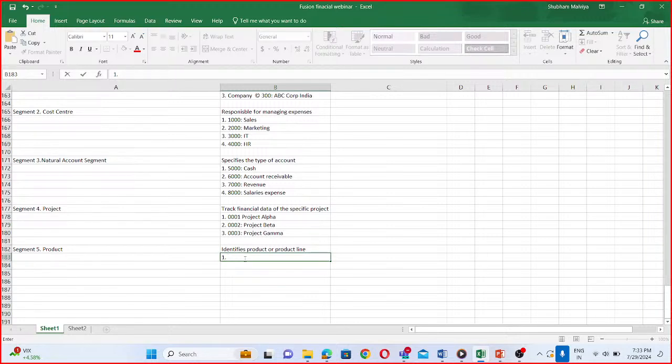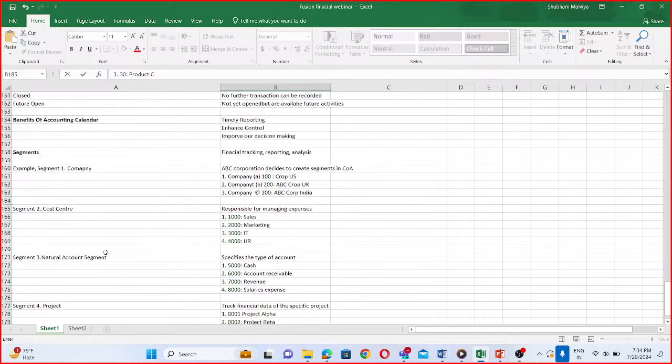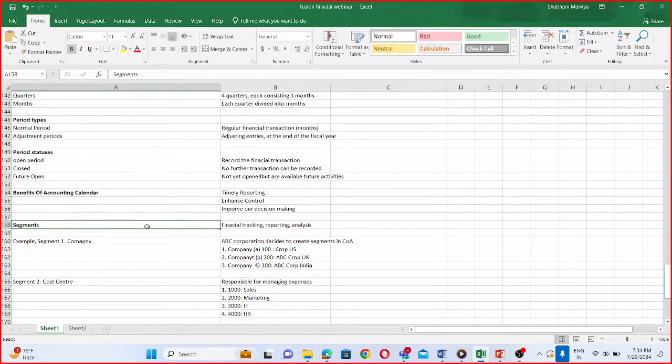So let's say we have a product whose code is 10, and it's our product A. We have a second product whose code is 20, product B. And a third product whose code is 30, and it is our product C.